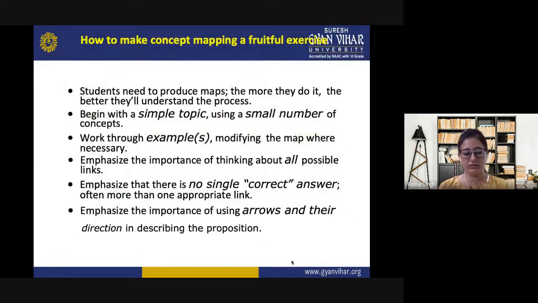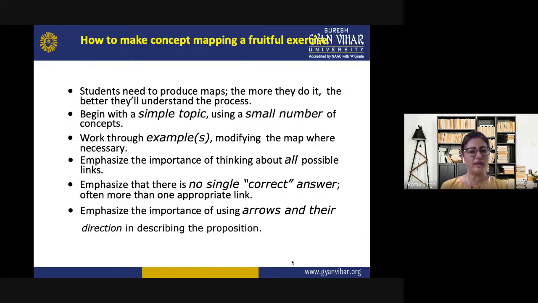So the question now arises that after knowing all these things, how can we make our concept mapping exercise a fruitful exercise? Students need to produce maps. The more they do it, the better they will understand the process. You have to be thorough with the process and how you will give instructions. You have to be planned with everything, and then you can expect the students to understand the process.